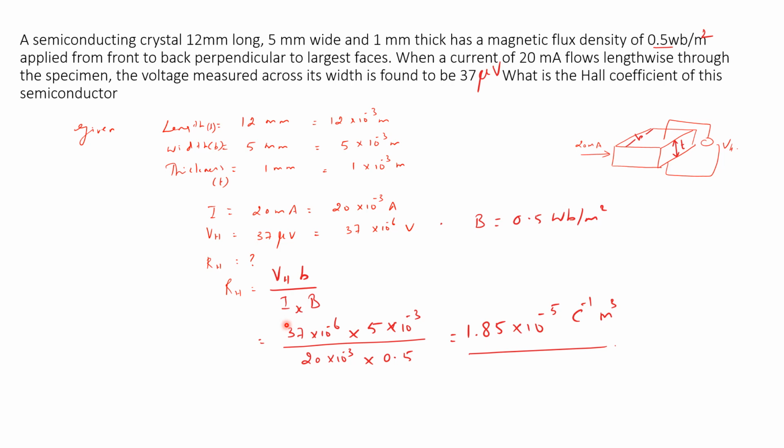Then IX is given, that is I is given by this picture. You can understand we are assuming it along x-axis only. So Ix is 20 milliamperes into 10 power minus 3. Then capital B is 0.5. So the final answer is 1.85 into 10 power minus 5 coulomb power minus 1 meter cube.